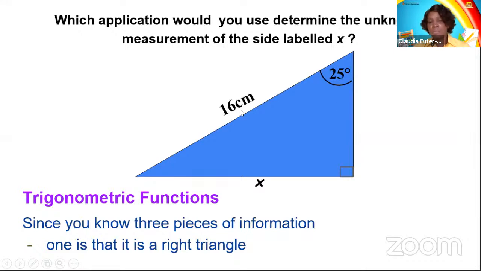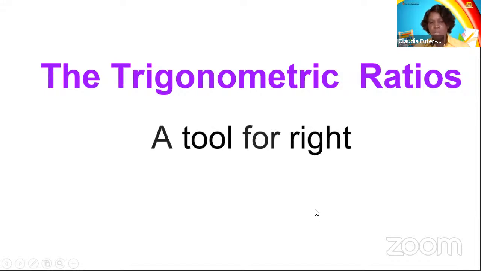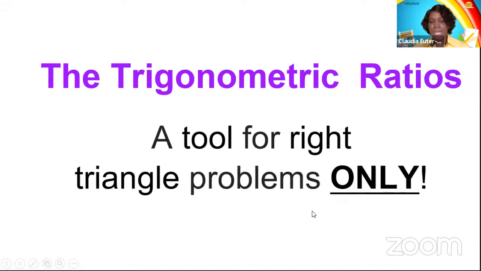Because you are given an angle, and based on the diagram, it's a right angle triangle. And when you're looking at the question, it only relates to right angle triangle problems only. So if you look at it and a right angle triangle is formed, you can apply the ratio.